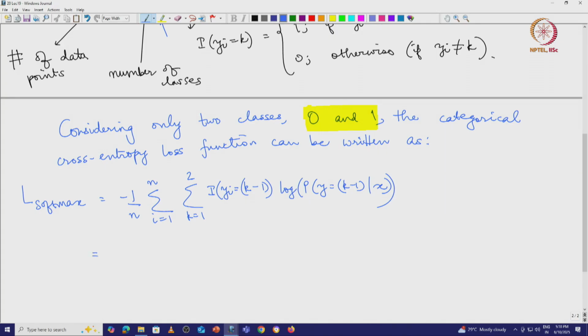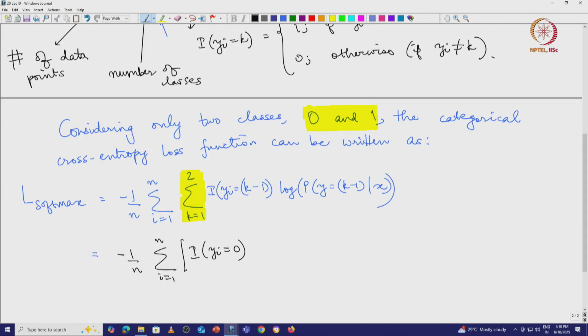Now this summation can be expanded. Let us go ahead and do that. So this becomes minus 1 over n sum i going from 1 to n, and the first term is the indicator function yi equals 0 because k is 1.